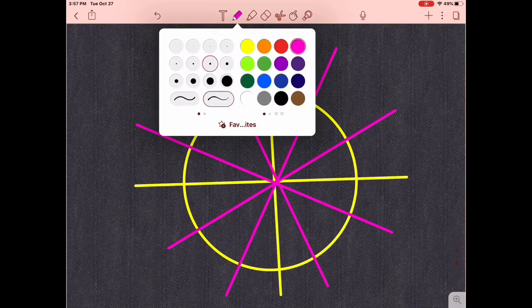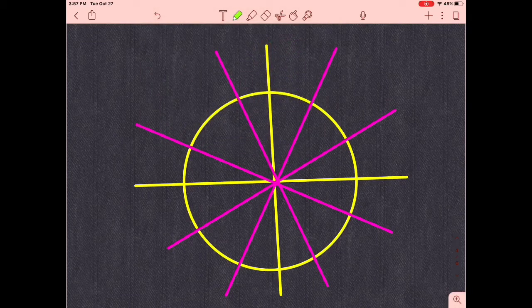Okay. Let's put some measurements on here. So this, just to orient us, is 30 degrees, right? From here to here. From here to here is going to be 60 degrees.